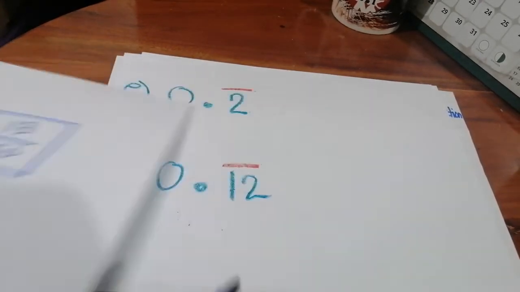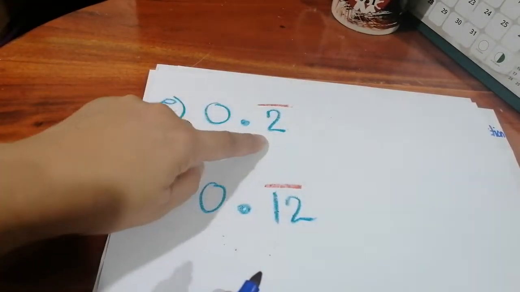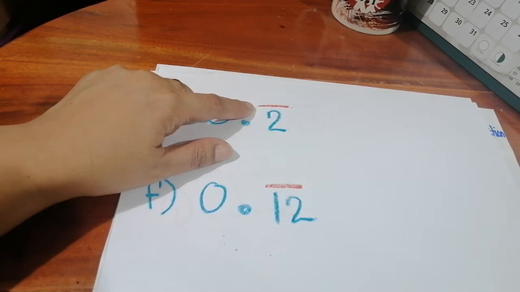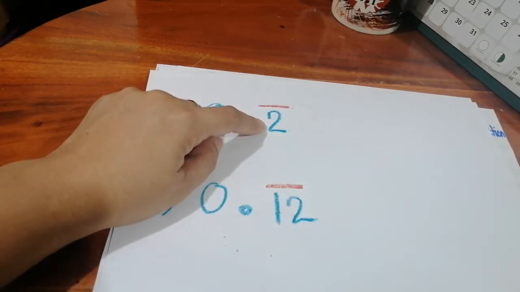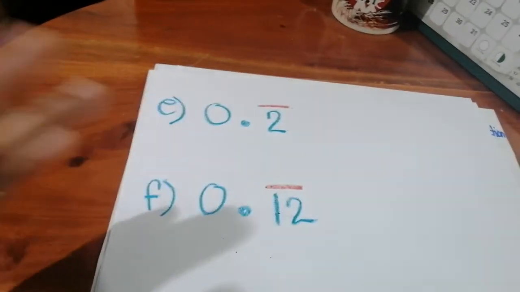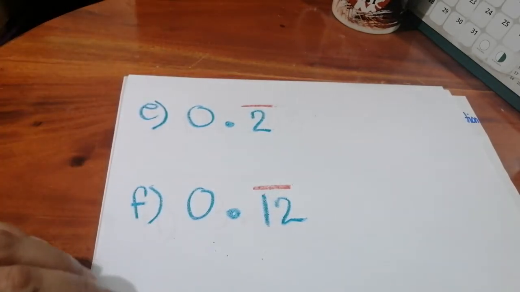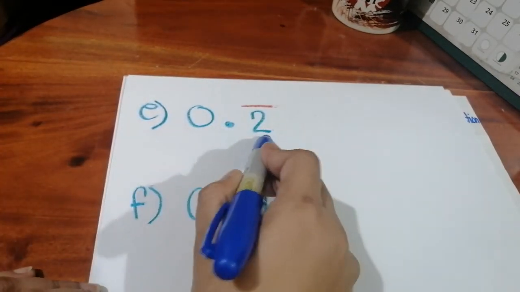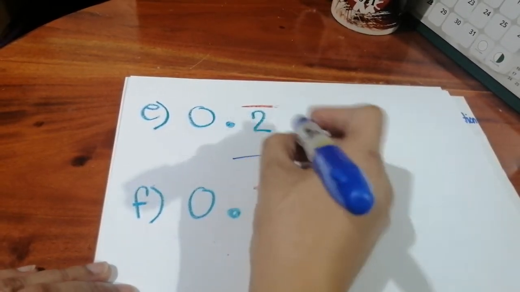Okay, now next, as you can see here, it's 0.2, but there's a line on top. So anong ibig sabihin ng line on top? Meaning it's repeating and it's also non-terminating. So repeating, paulit-ulit na hindi natatapos. And since it's repeating and non-terminating, sabi ko kanina, you still need to count the digits after the decimal point, and there's only 1.